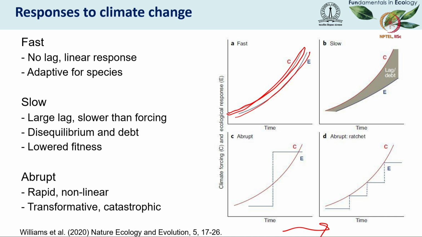Now, if that ecological response closely tracks change in climate, then that response is likely to be adaptive if there are no lags in responding to climate. If climate changes in a certain way, but the ecological response is slower than the rate at which climate has changed, then there is a lag or a debt which is likely to lead to reduced fitness.